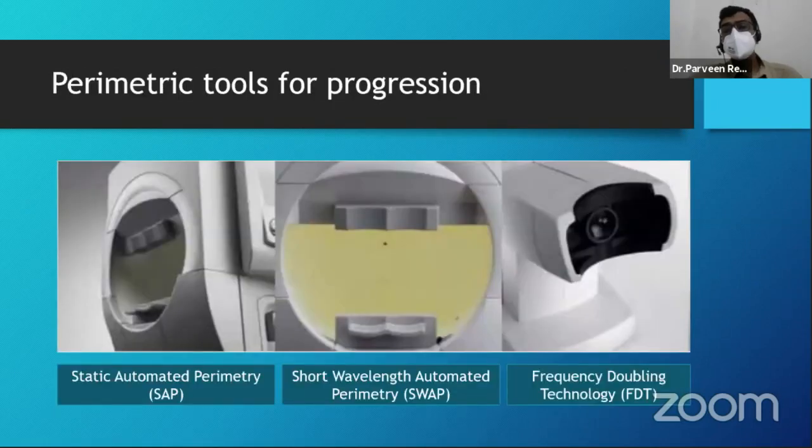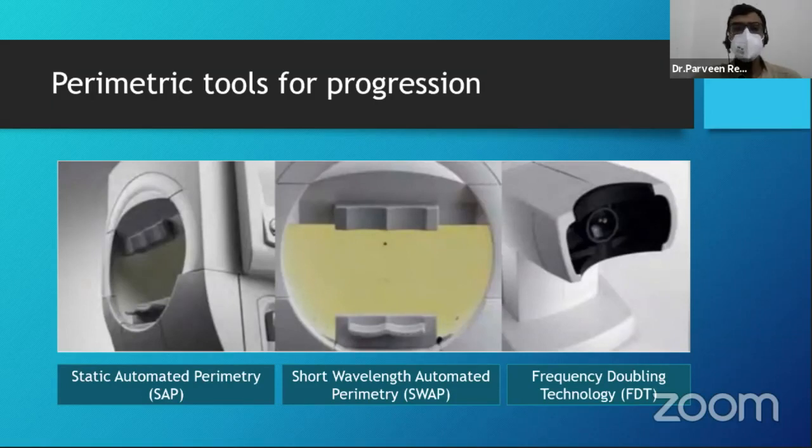What tools are available for us to detect this progression when we talk about function? Perimetrically, we have static automated perimetry, which we are most familiar with in our clinical practice. Then we have short wavelength automated perimetry, or SWAP, and frequency doubling technology, or FDT. Both SWAP and FDT came into practice because they were supposed to detect progression earlier.